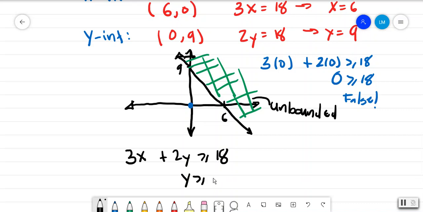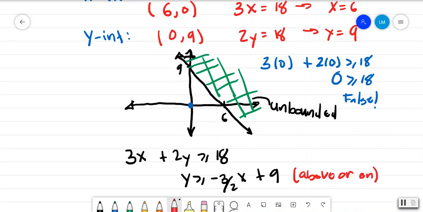So you have y is greater than or equal to negative 3 halves x plus 9. Notice that this is basically telling me that I'm above or on. What I normally tell people in class is that if the slope is positive and it's greater, then automatically I know that it's above. But if it's negative and it's greater, then it's the opposite, because this is going to flip.